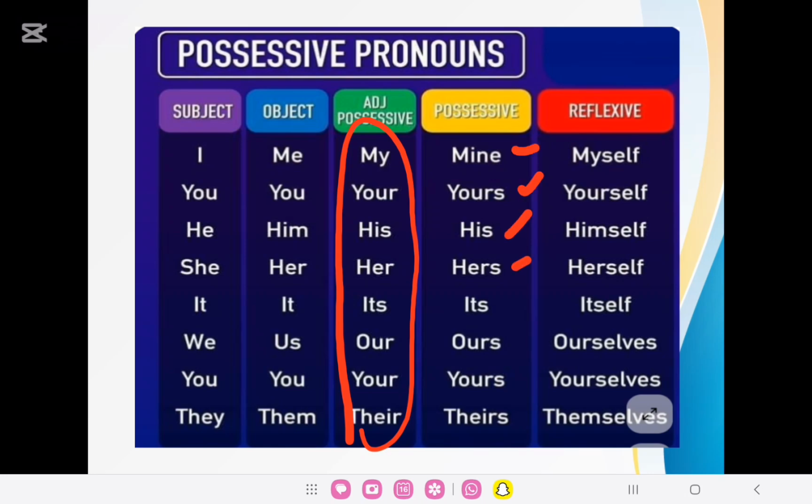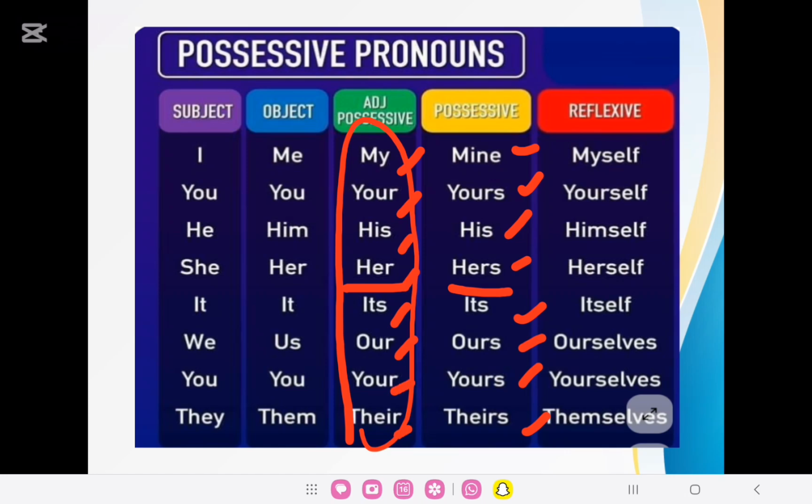Note this s at the end. Here you can see this is her, whereas this is hers. Its, yours, yours, and theirs. These are possessive pronouns. Whereas here you can see possessive adjectives: my, your, his, her, its, our, your, their.